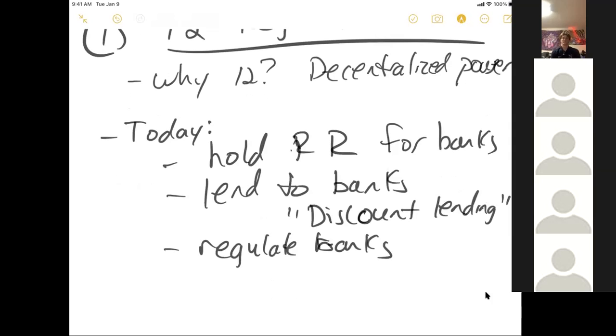Now, when the Fed was first set up, these regional banks were essentially set up to be largely autonomous, essentially 12 different central banks. How did that work? Pretty much a disaster. Without getting into a detailed history of everything, what we found is that there was very little coordination between the central banks.